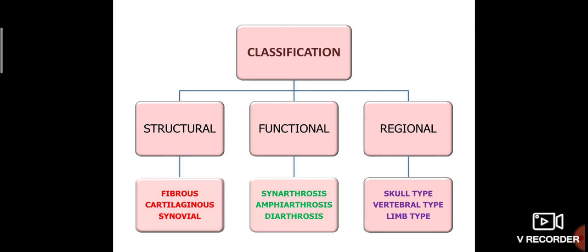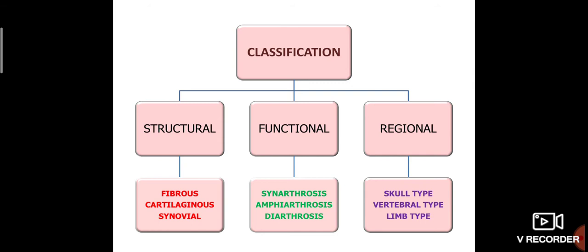We have three types of cartilages: hyaline cartilage, elastic cartilage and fibrocartilage. Hyaline and fibrocartilage can be present in a joint, but at any cost, we cannot see an elastic cartilage in a joint. So either fibrocartilage or hyaline cartilage can be present.